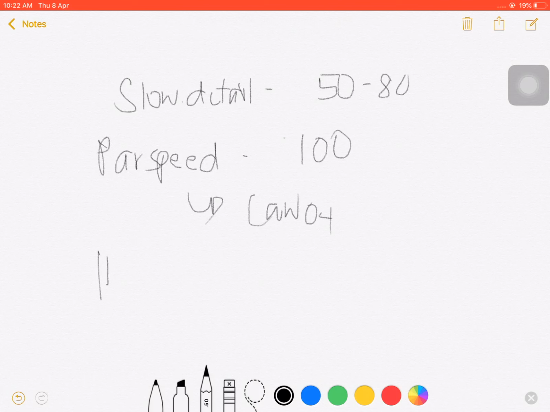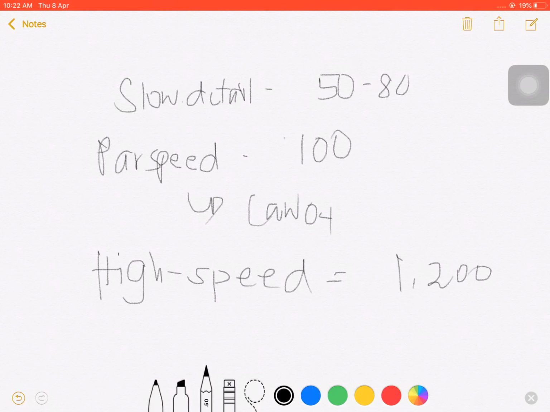Last is the high speed screens. High speed screens measures at about 1,000 to 1,200. And high speed screens uses rare earth crystals as the phosphor.